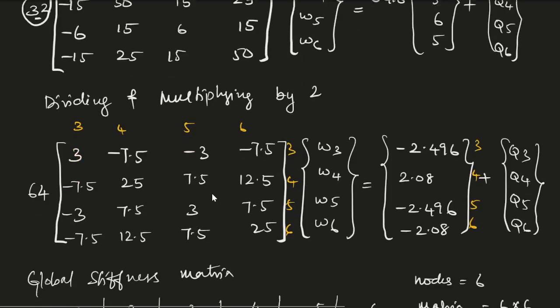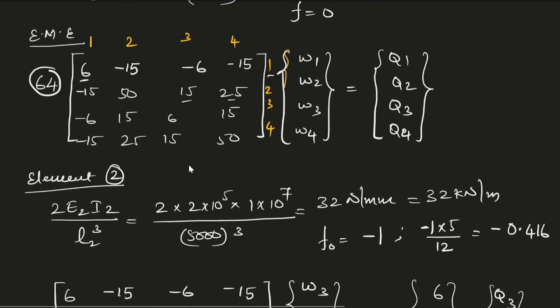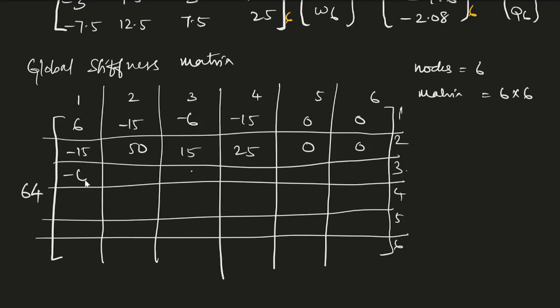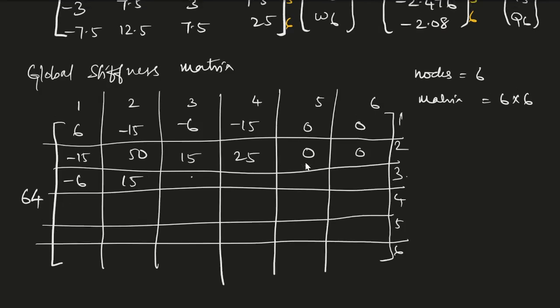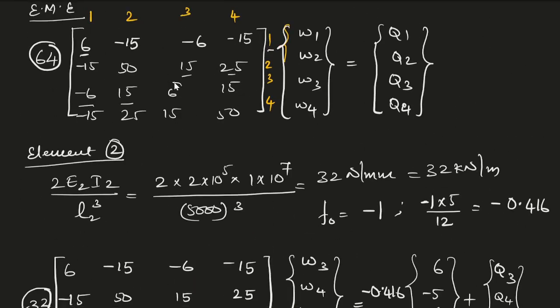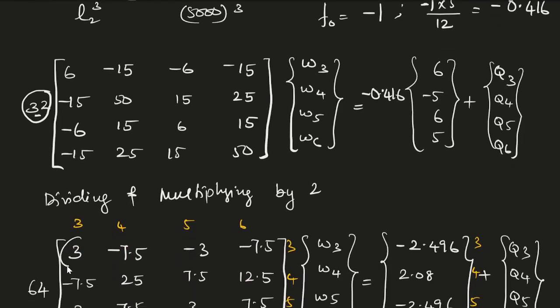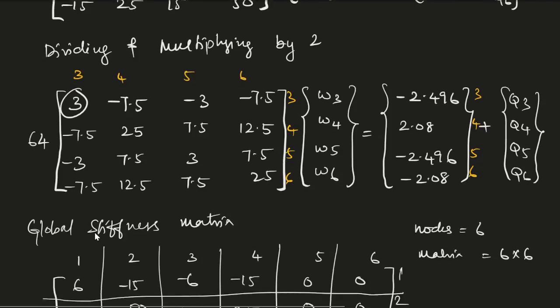So here 3 comma 3. For this element, 3 comma 1 is minus 6 and 3 comma 2 is 15. So here we will have two 3 comma 3s: here 3 comma 3 is 6, and here 3 comma 3 is 3. Okay, so it will become 9.